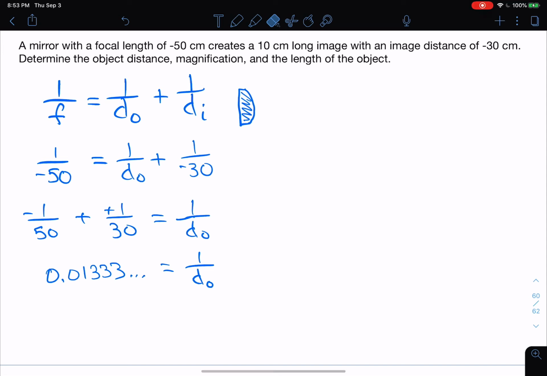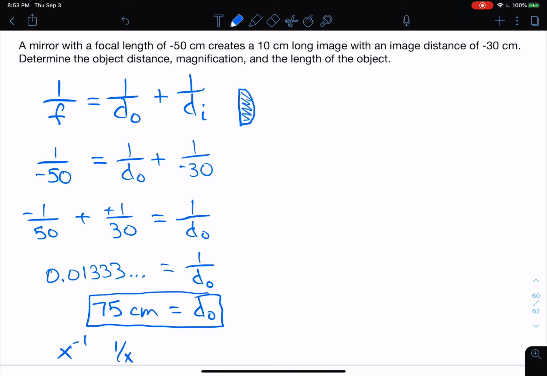On your calculator, that's going to be x to the minus 1, that's how it is on my calculator, or it might be like 1 over x. If you just hit that button, it should take the reciprocal of your previous answer. And when I do that, it comes out to be 75 centimeters. That's the object distance.